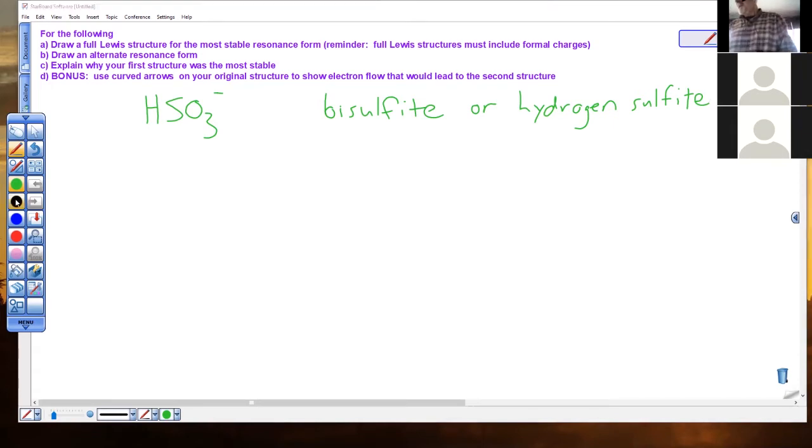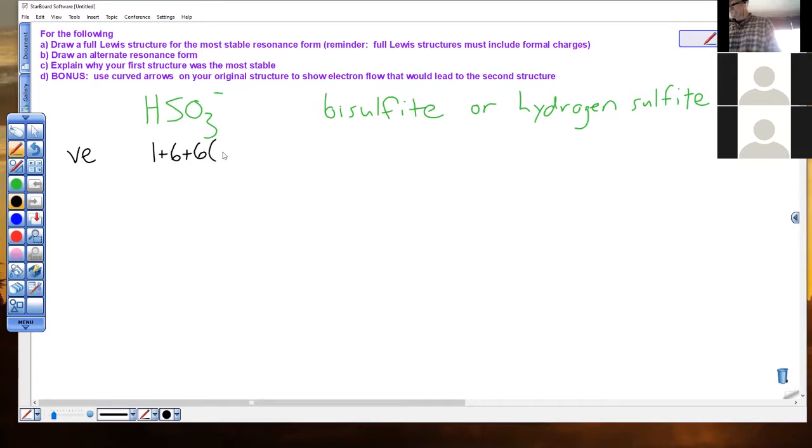We start with valence electrons. From our periodic table that we're given on the test, there's a big Roman numeral 1 in the column with hydrogen, meaning 1 valence electron. In the column with sulfur, there's 6, and oxygen's also in the same column.